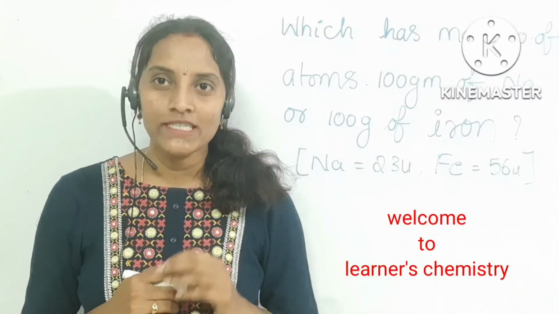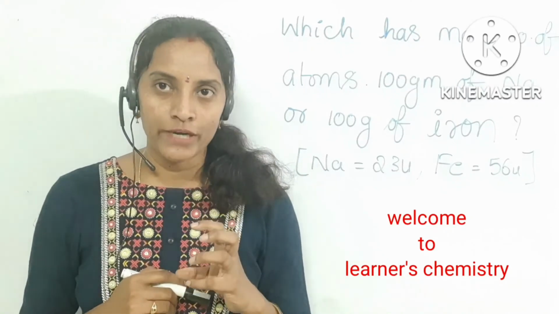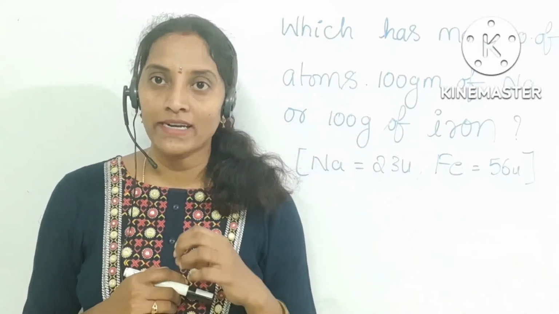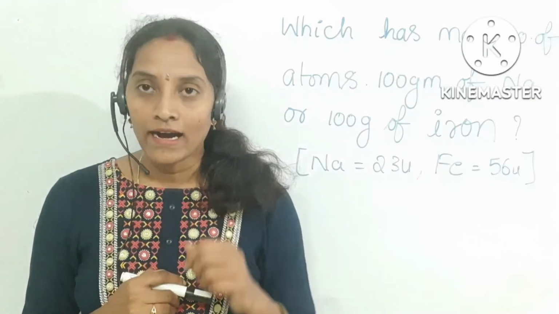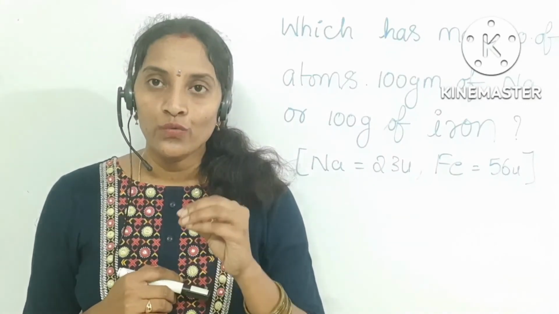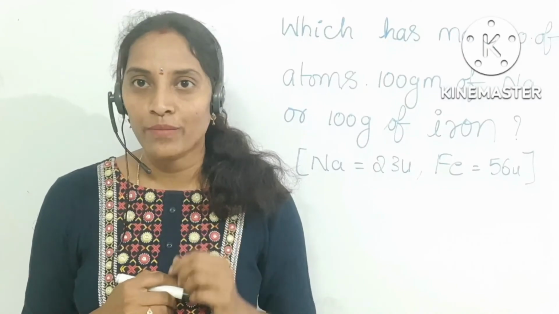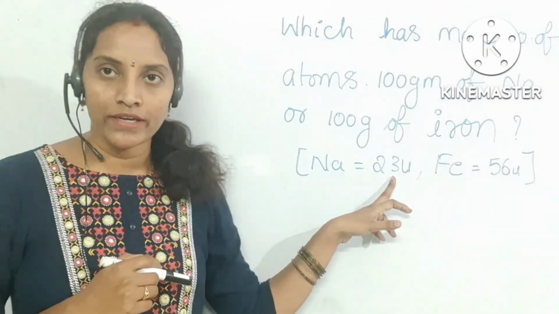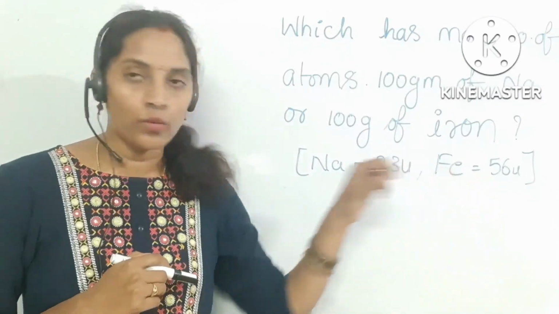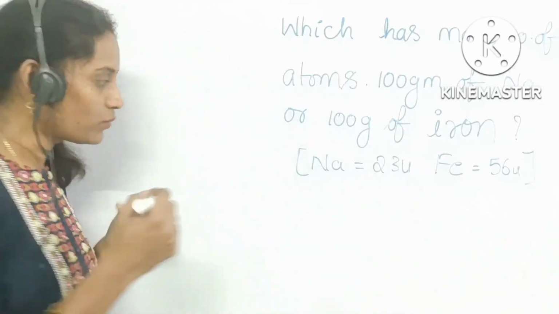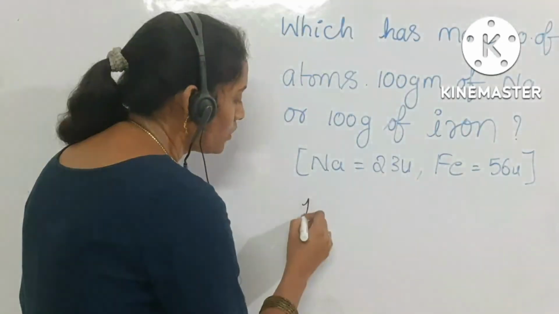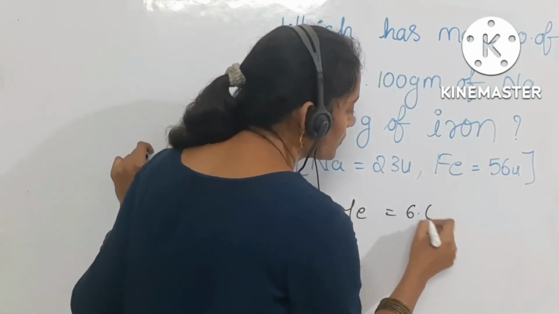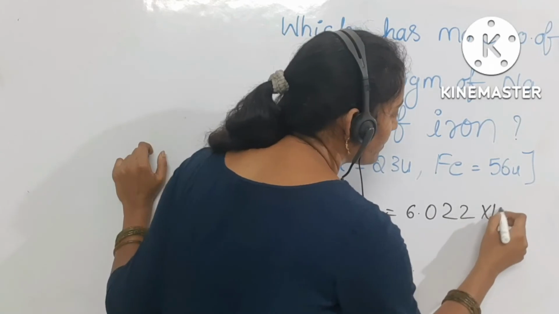Here the problem is, which one has more number of atoms. First one is 100 grams of sodium and 100 grams of iron. Among these two, which element has more number of atoms? You have to calculate. See, this one is the atomic weight for sodium and this one is the atomic weight for iron. And one more thing, you already know 1 mole of anything equals 6.022 into 10 power 23.